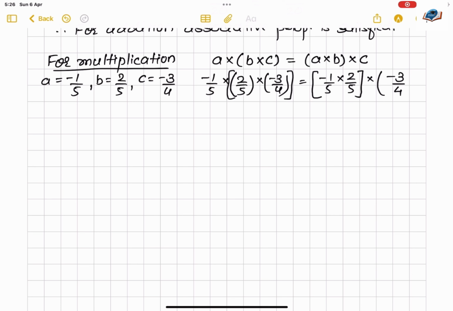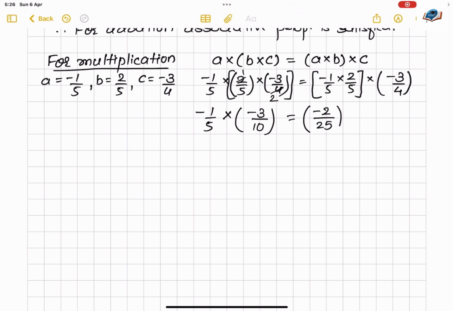So here minus 1 upon 5 into, now if they are getting cut, I have to cut. So 2 ones are, 2 twos are. So this will be minus 3 by 10, and on this side it will be minus 1 into 2, which will be minus 2 upon 25.